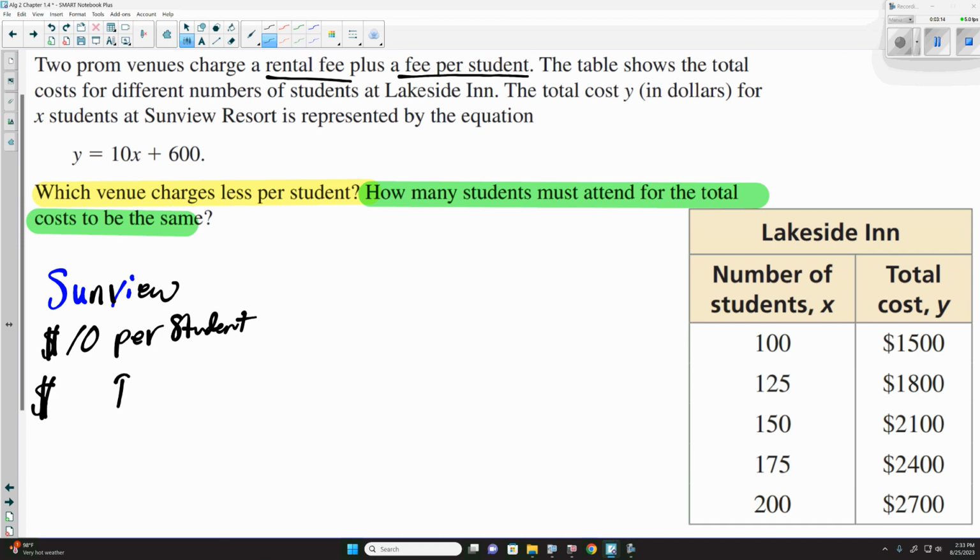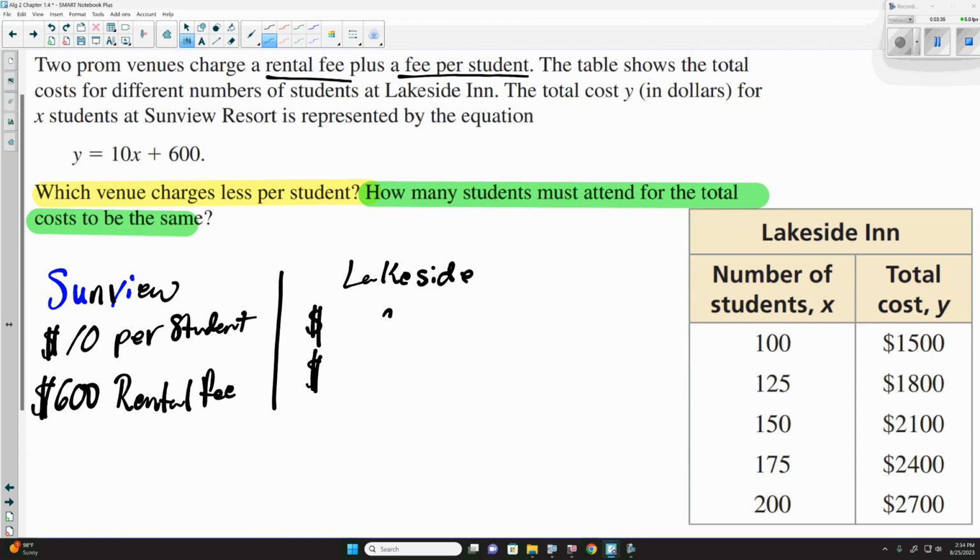What would the rental fee be for Sunview? $600. So we have Sunview. We also have Lakeside, and its cost is per student.